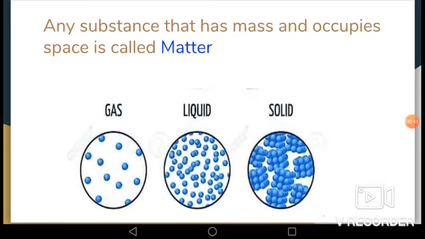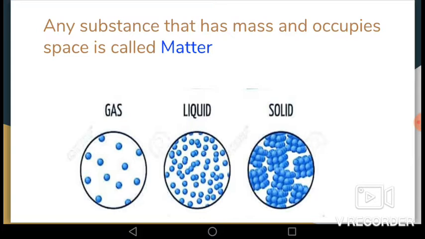Do you remember what matter is? Matter is made up of very tiny particles, and these particles are so small that we cannot see them with naked eyes. It has been observed that matter exists in nature in different forms. Some substances are rigid and have a fixed shape, like wood and stone.